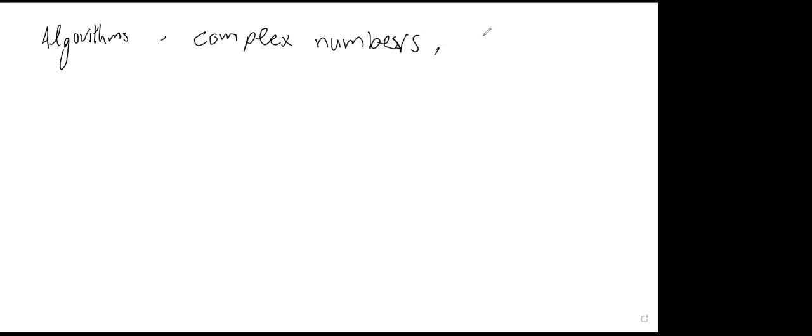And the third one is trigonometry. So starting with the algorithms first. Oh, sorry, logarithms. My bad, I wrote the wrong word. Logarithms. All right.